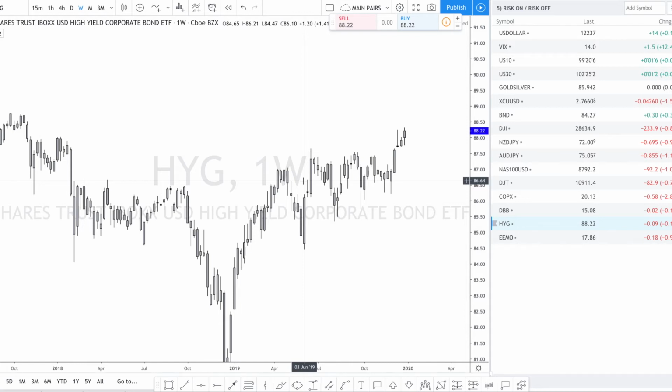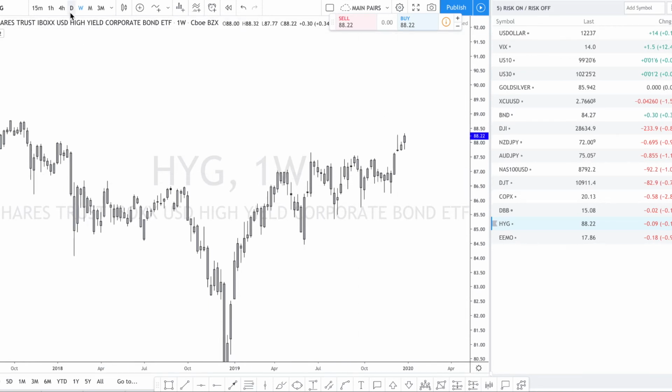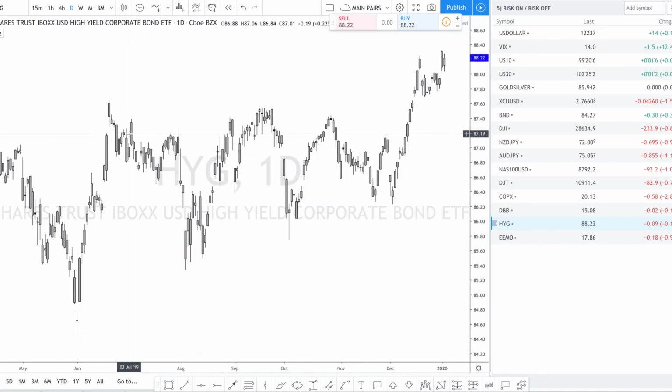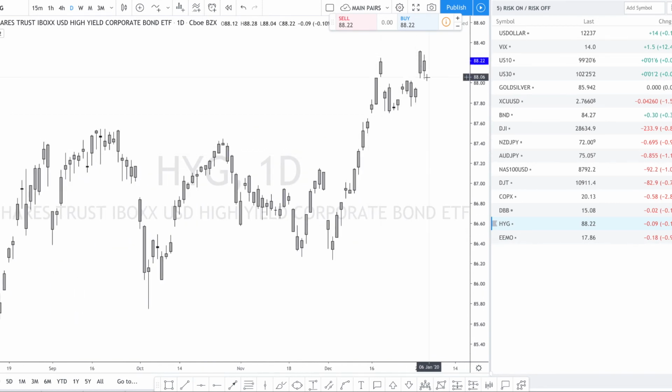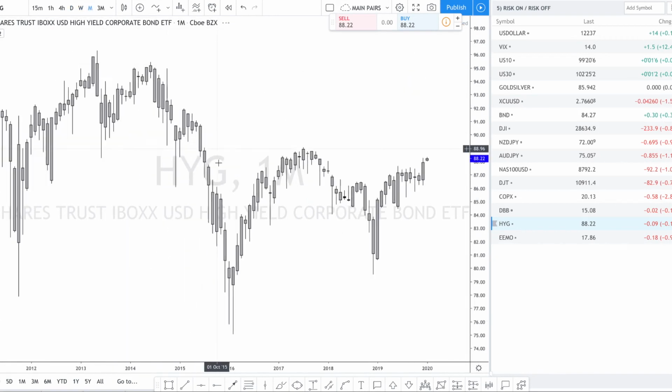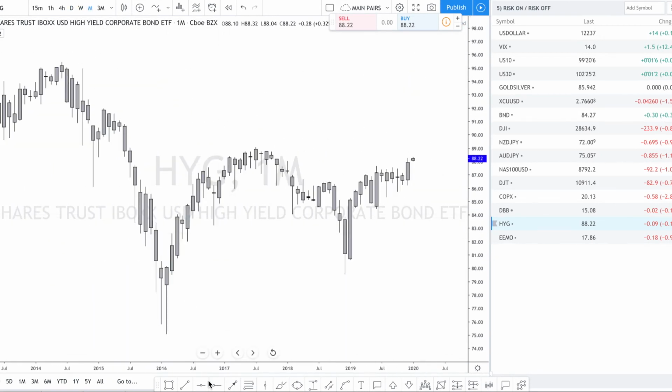Remember, yields and price go the opposite way, suggesting rising risk aversion. When investors gain confidence in purchasing higher yielding, riskier assets, that intensifies their risk appetite, and that gets shown in rising bond prices. So if this goes up, it's more risk on, and if it starts to drop, it's more risk off. We can see we've just started to see a pullback candle there, but overall we look like we are going to be reaching a strong level of resistance.